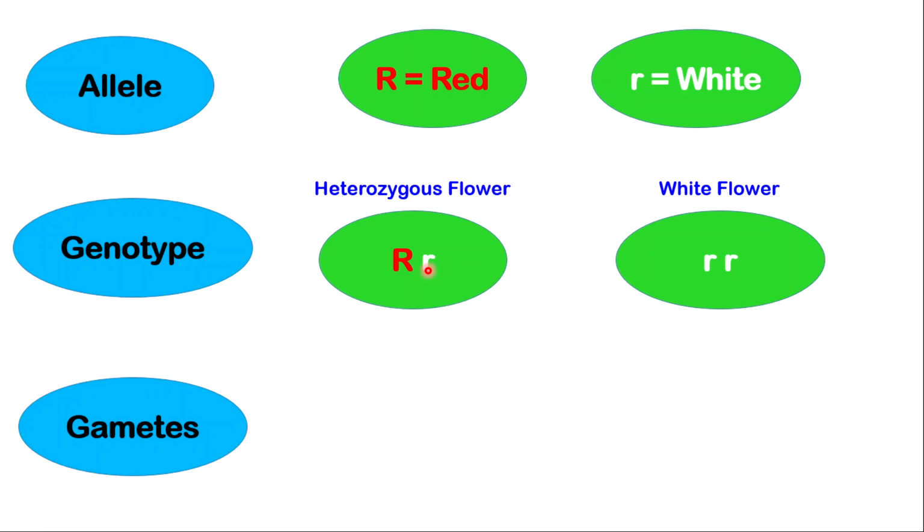Now the gametes. To form gametes, do you remember meiosis? In meiosis, you split cells and you form gametes. So when you split these genotypes, what you get as a result are the possible gametes. If we split this heterozygous genotype, we may get uppercase R or lowercase r.